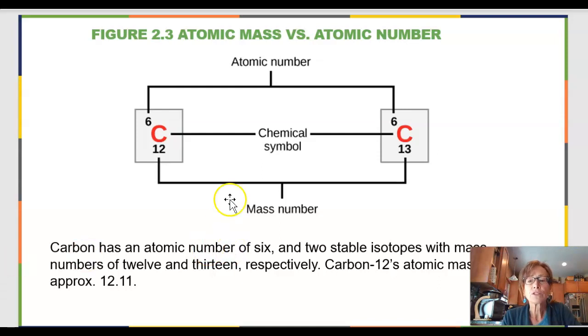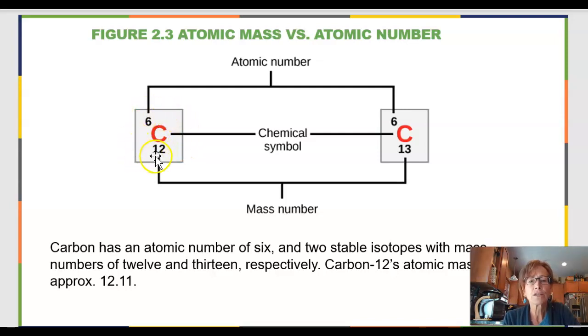So here you can see what you see on the table. This is just one depiction of it. Some tables look a little different, but basically the symbol is a 1 or 2 letter symbol. The first letter is always capitalized, and if there's a second one, it's always lowercase. Here's the atomic number, protons. Here's the atomic mass, which is the sum total of protons and neutrons.